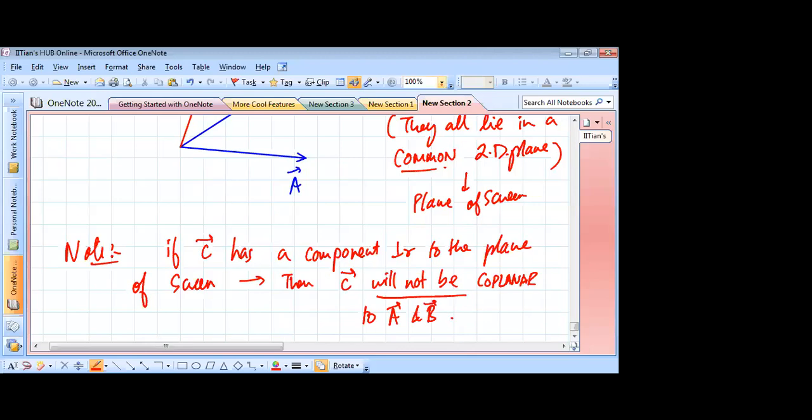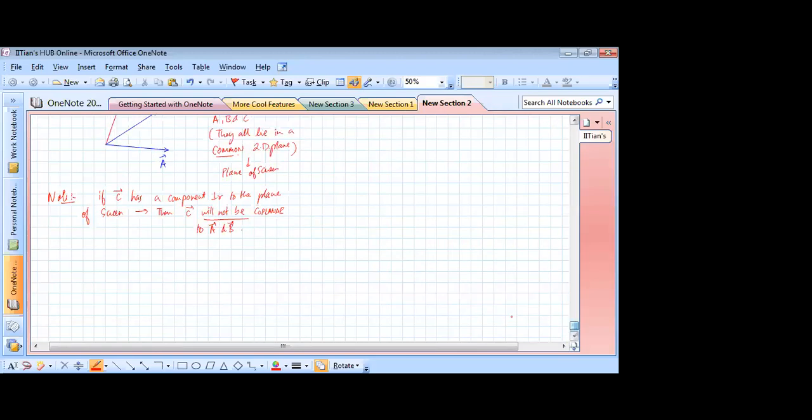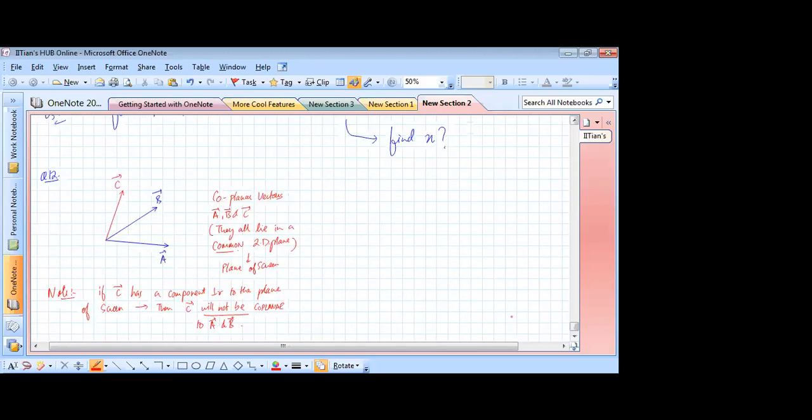So first of all, go through this statement once carefully and understand what is the meaning of coplanar vectors. Then we'll come to how to solve this.